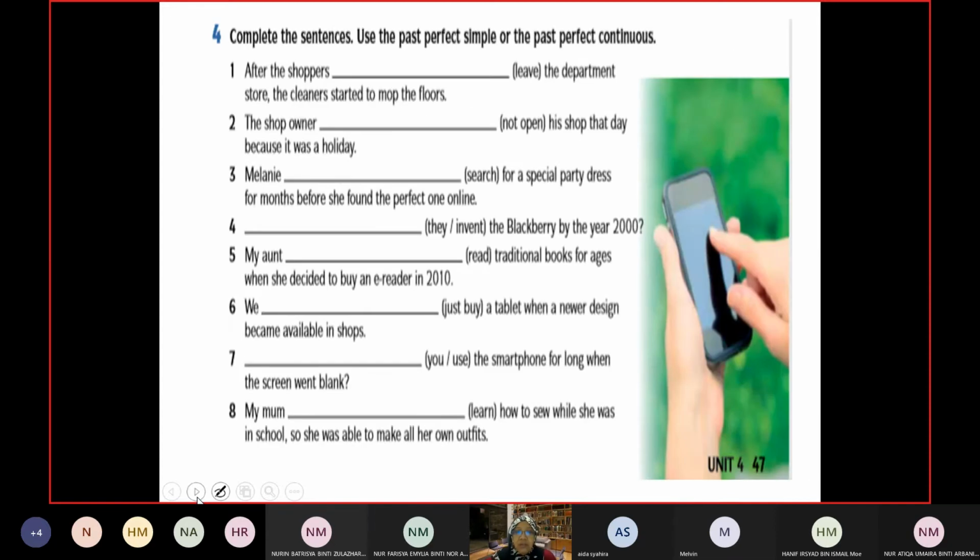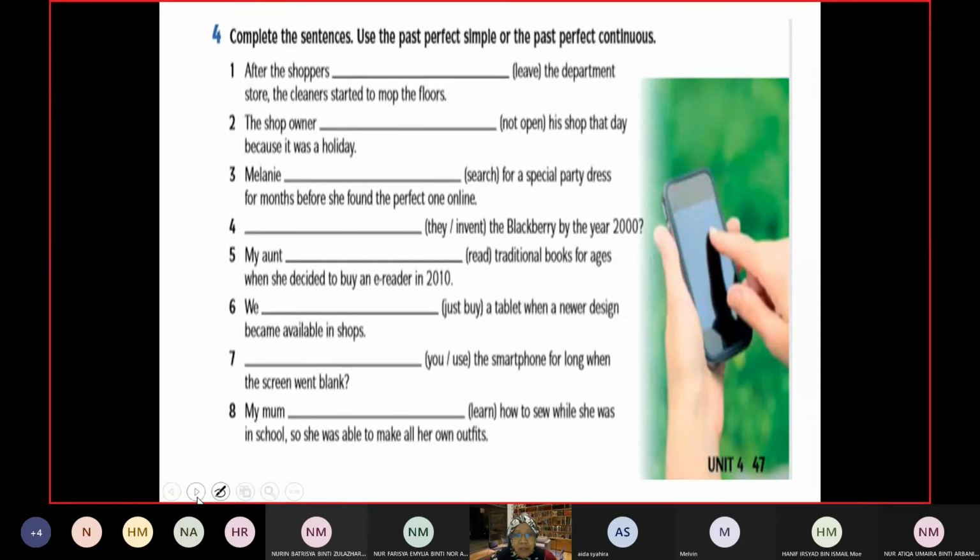Okay, this one you have to do later in your textbook. Awak tolong tick first. Exercise number 4, you have to do in your textbook. Complete the sentences. Use the past perfect simple or the past perfect continuous. Okay, antara dua tu, had or had been what?